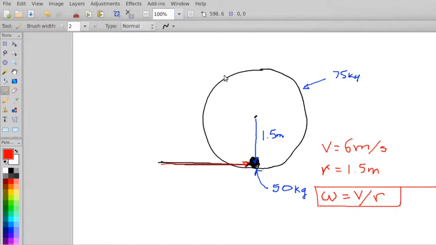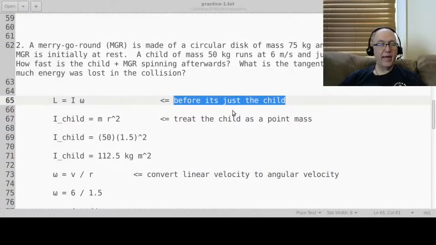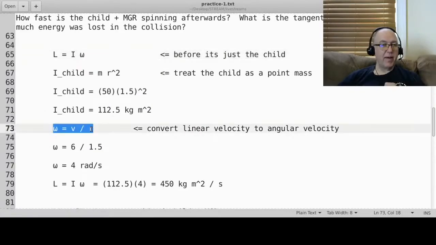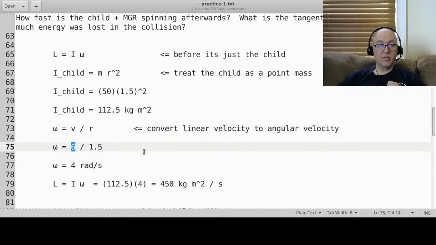Having said that, now we can go ahead and calculate this quantity here. Omega, well, I guess I should have done that first. It doesn't matter. Omega is V divided by R for the reasons I just said. V is, as the child comes in, 6 meters per second.